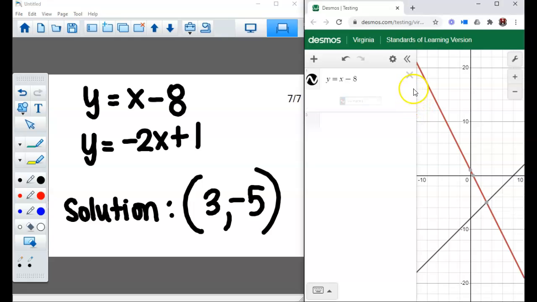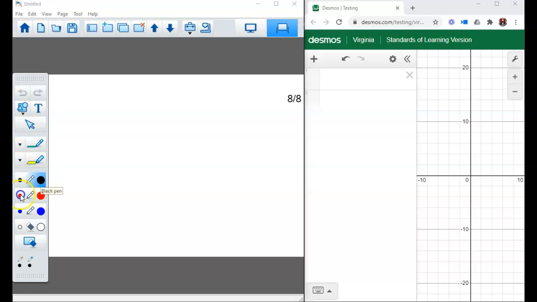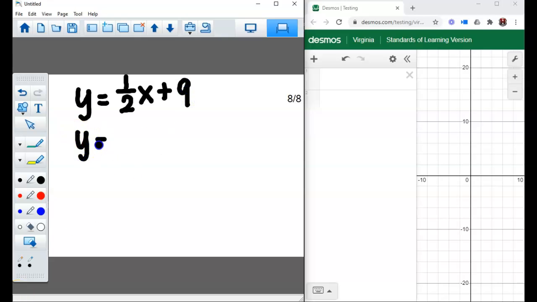Let's do another one. I'm going to clear both of these over here and get ready for a new problem. This time, let's do y equals 1/2 x plus 9 for our first equation, and y equals negative x plus 6 for the other.